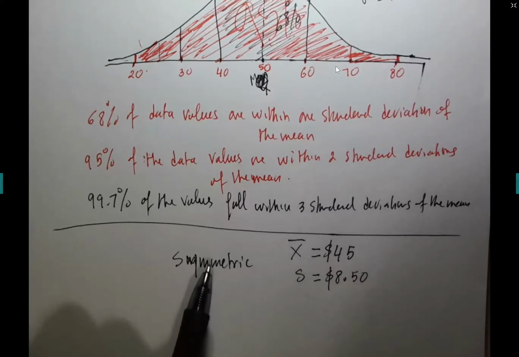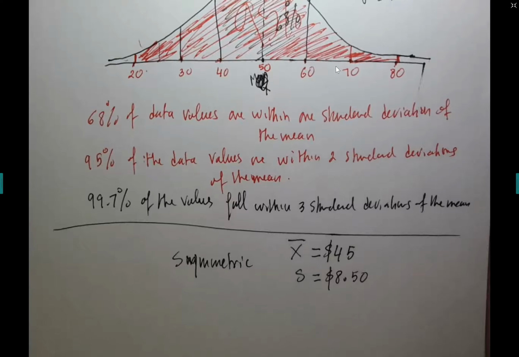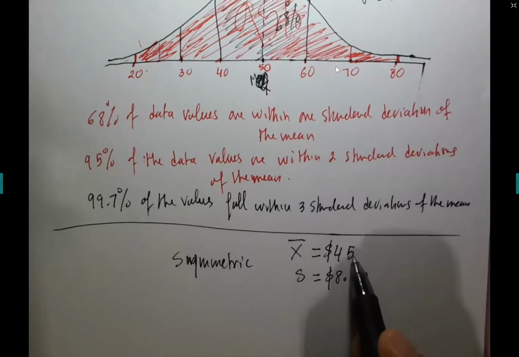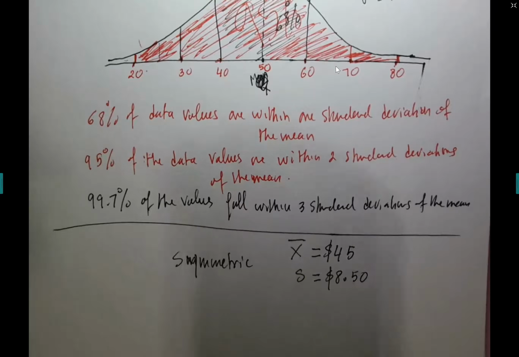It has to tell you that the shape is symmetric. What kind of conclusion, guys, can I make? Watch. What I'd like you to do, guys, first of all, is subtract 8.5 from 45 and add 8.5 to 45. Can you do that for me? What is 45 minus 8.5?